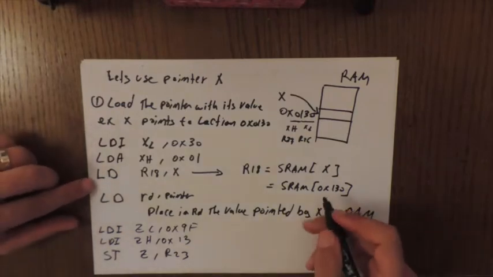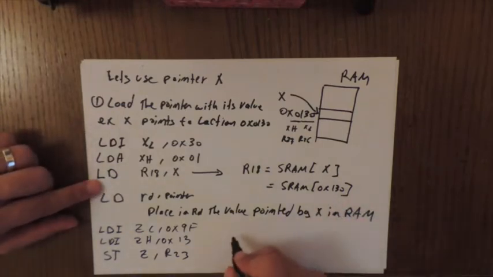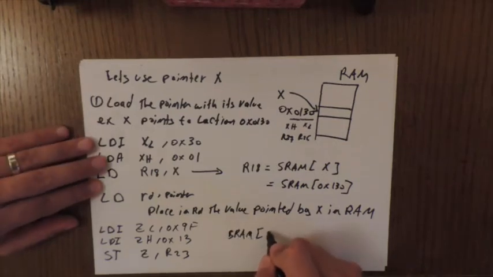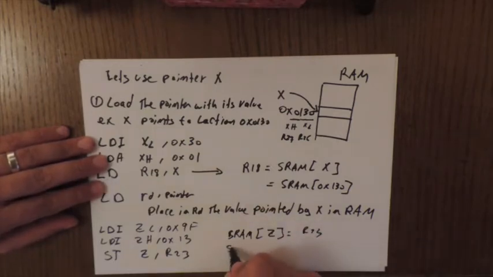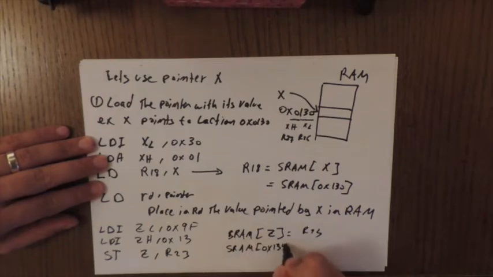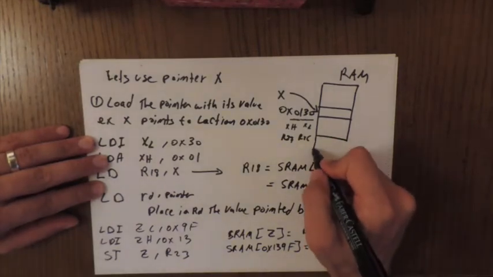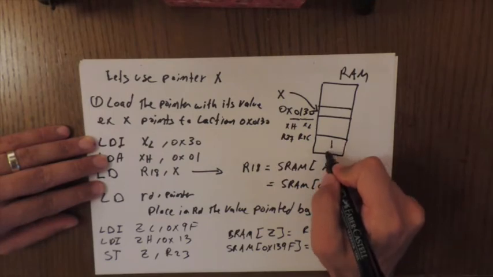And in this case, what I'm trying to do is place in the SRAM at Z the value in R23, and in this case SRAM will be at the address 0x139F, whatever R23 holds. So this will be something like this.